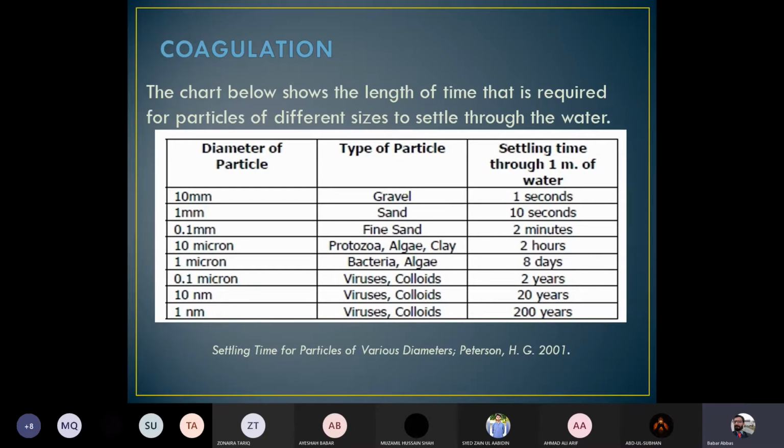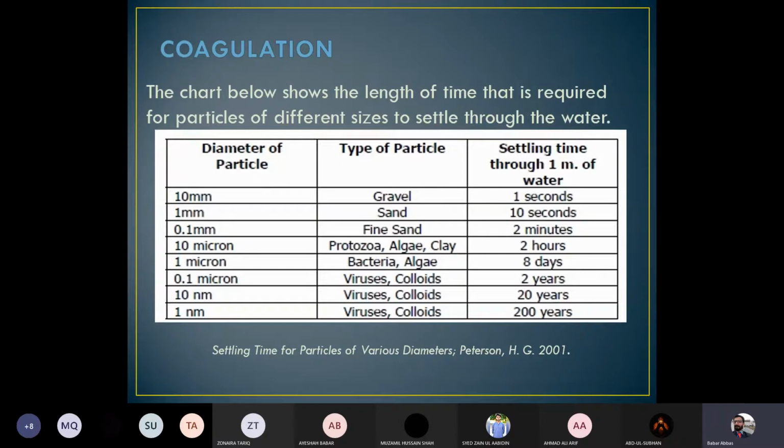So it's very clear that we must arrange something that can be utilized to remove these particles at a much faster pace, so we can save our time and optimize our processes.